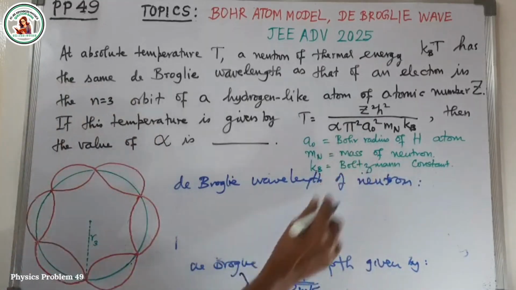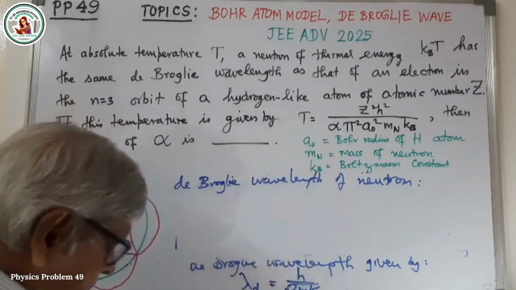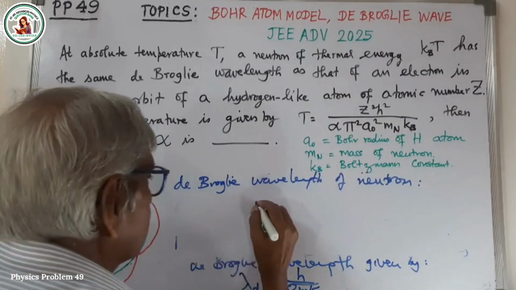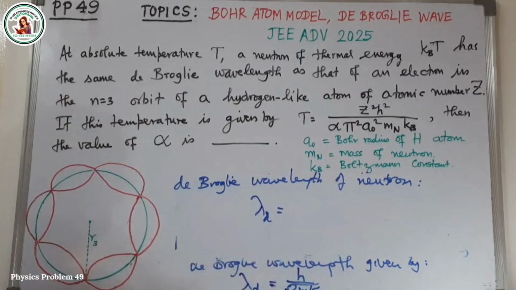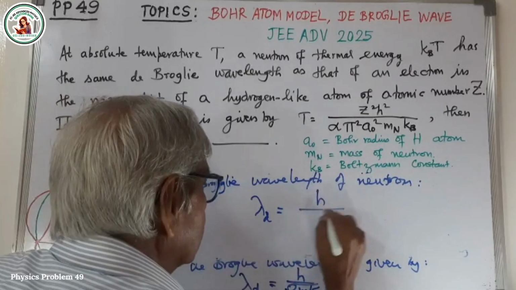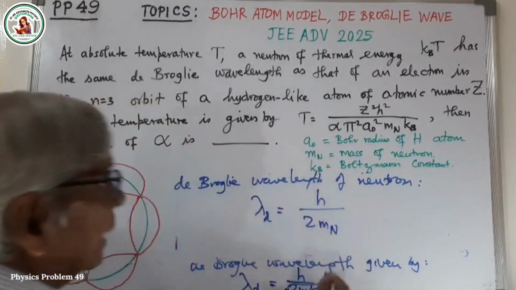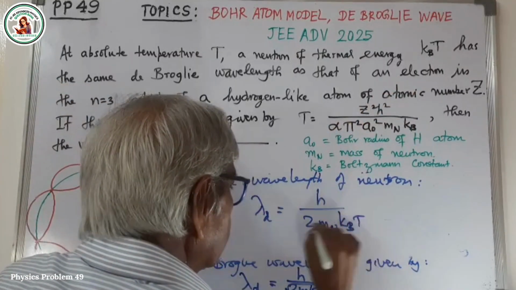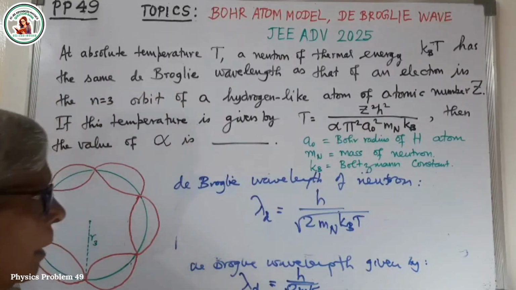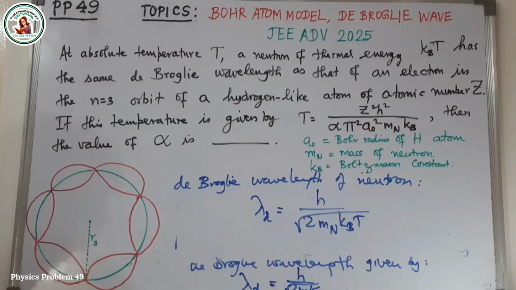Neutron mass is given as mn, and kinetic energy is also given. So the de Broglie wavelength of the neutron is lambda d equal to h by the square root of 2 mn kBT. That is equation 2. The two de Broglie wavelengths are equal, so equating them, you get the required result.